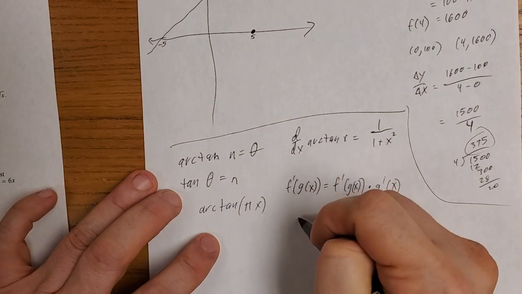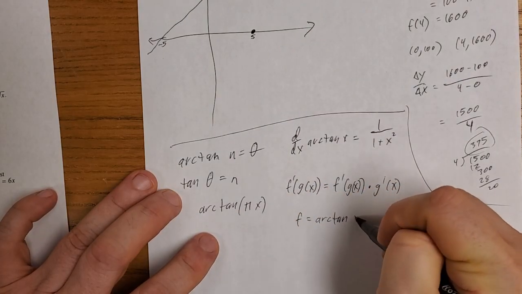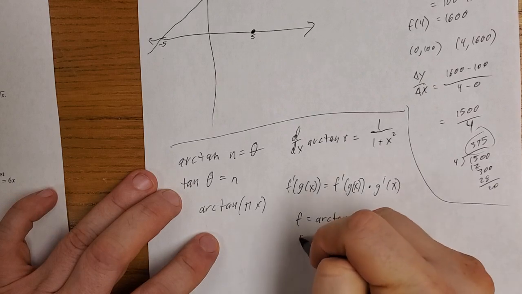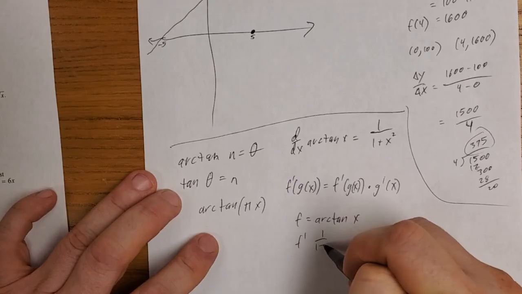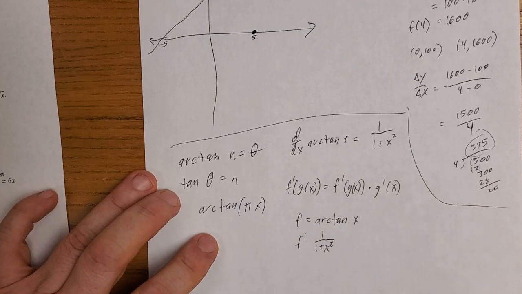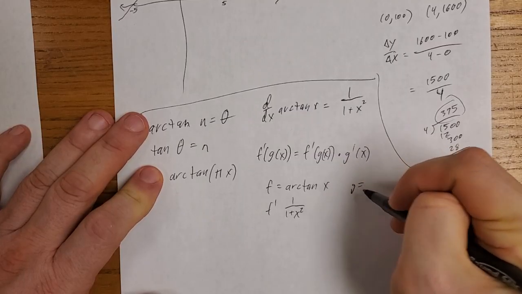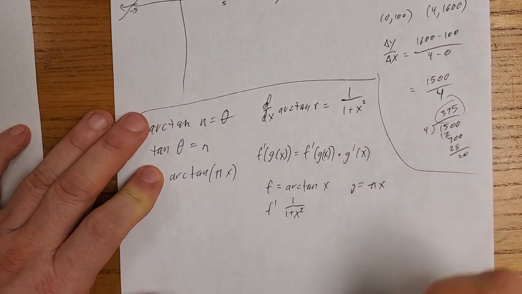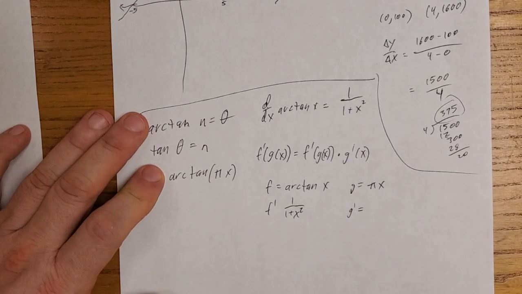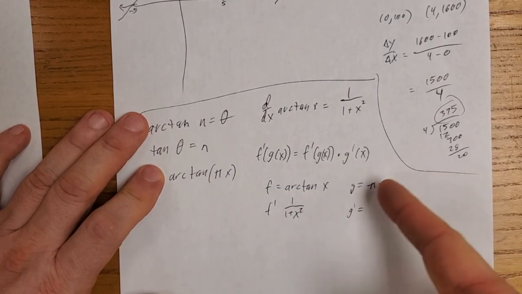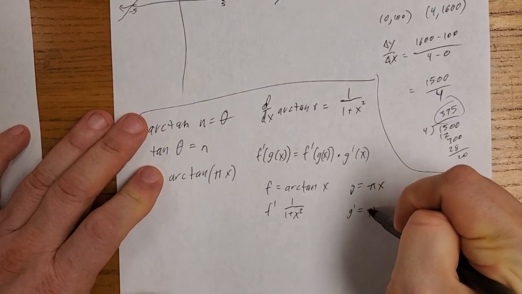So in this case, our outside function is arctangent, and the derivative of that is going to be what we said, 1 over 1 plus x squared. The g, the inside function, is pi times x, and the derivative of that, real easy one, power rule, x to the power 1 goes away, it is just pi.